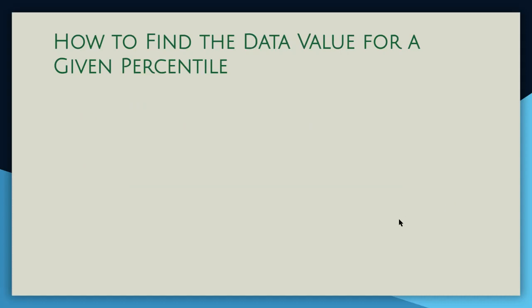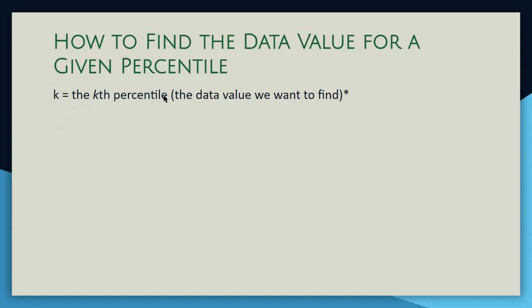If we want to go the other way, the process looks a little different. So if we want to find the data value that corresponds to a specific percentile ranking, we need to do that process backwards. We know where we should be in the list, we just need to figure out what that value looks like. So we're going to let k equal the percentile that we're given.